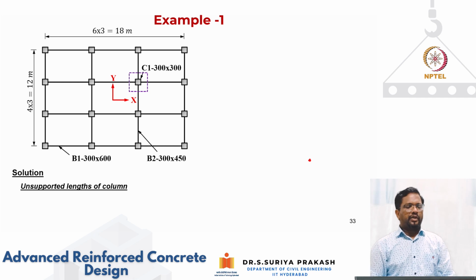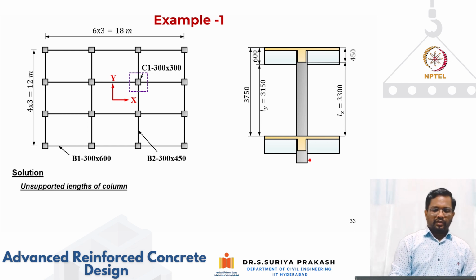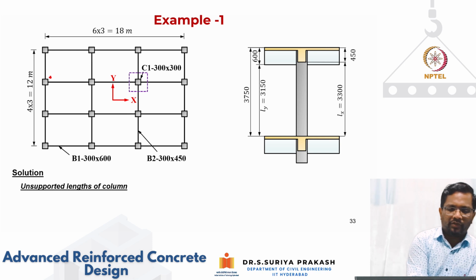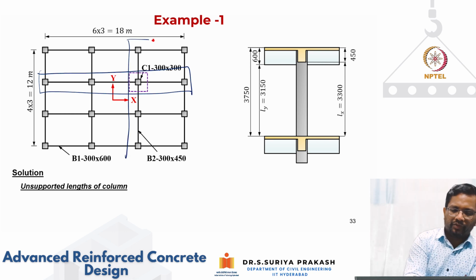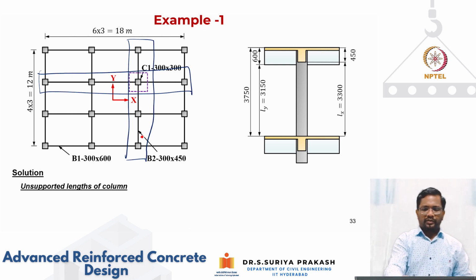First, we have to calculate the unsupported length of the column. Again, this column is part of this frame, and it is also part of this other frame. So depending upon which frame direction you are calculating, you have to use the appropriate dimensions.